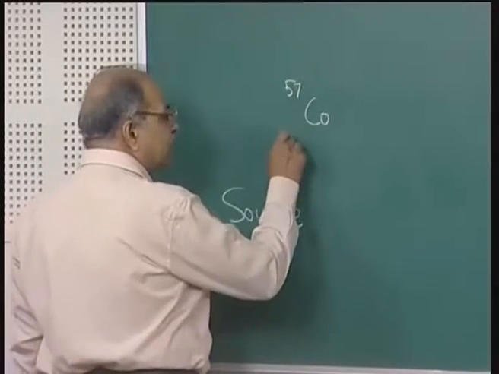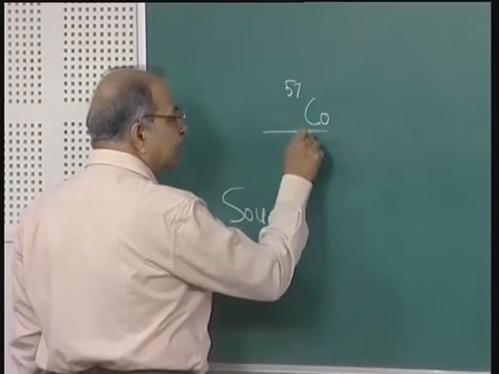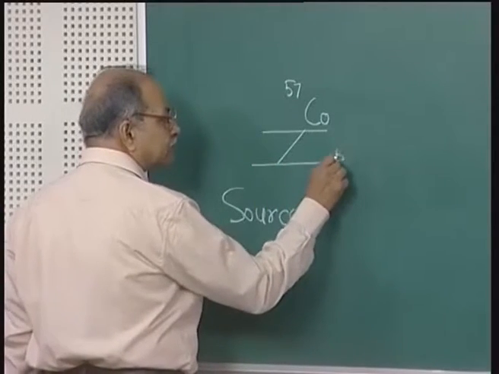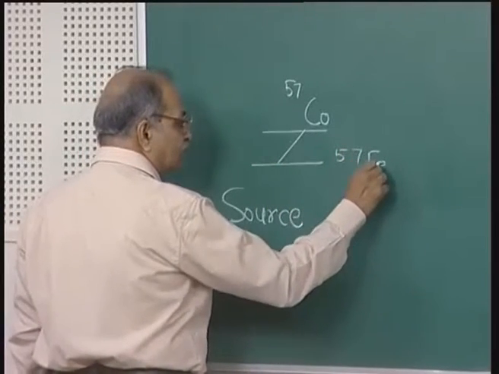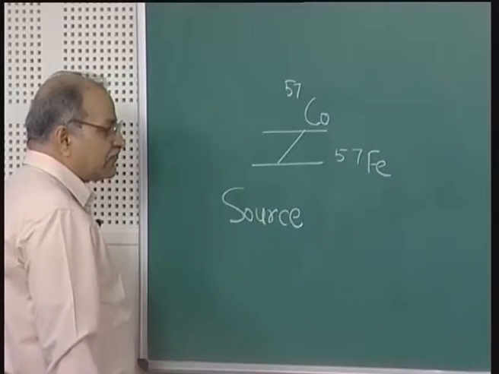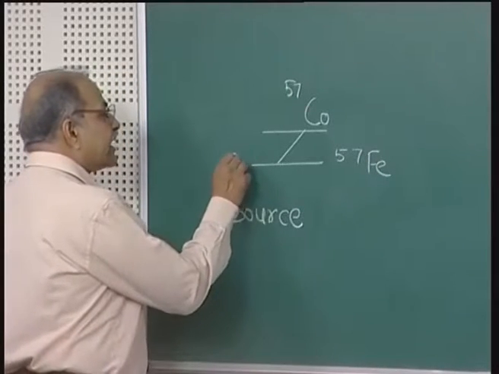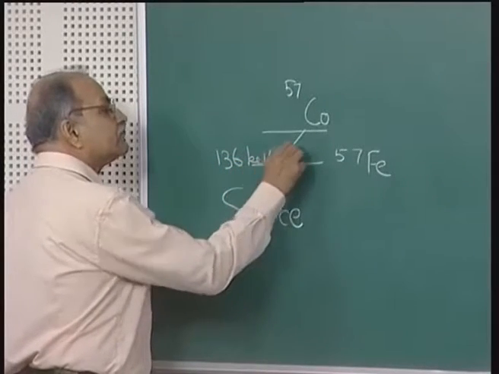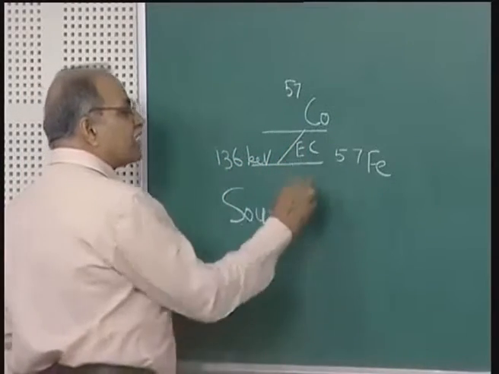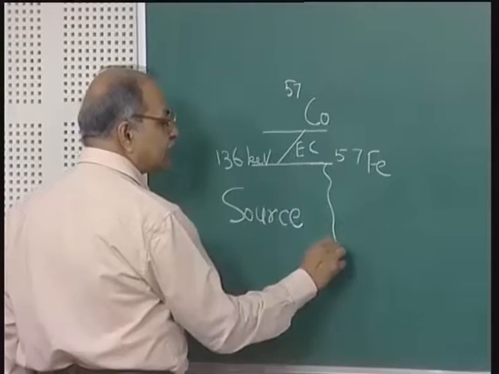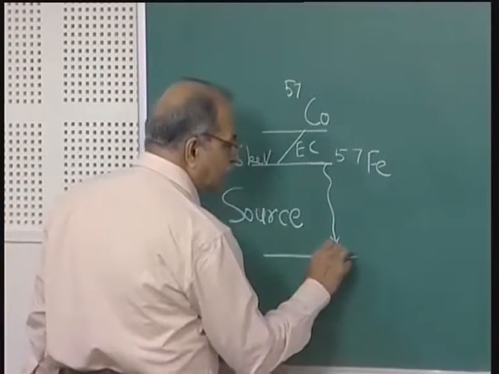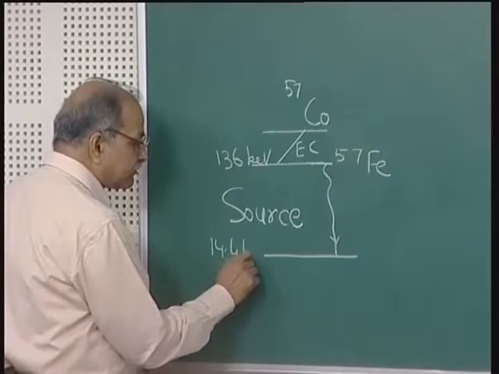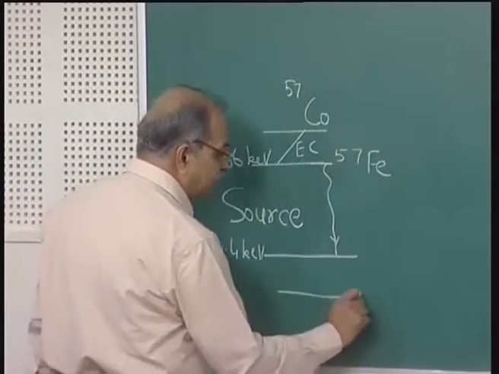Through internal conversion it decays to iron 57, and when it decays, iron 57 is created at 136 keV, and from there it decays to that 14.4 kilo electron volt level, and from there to the ground state.